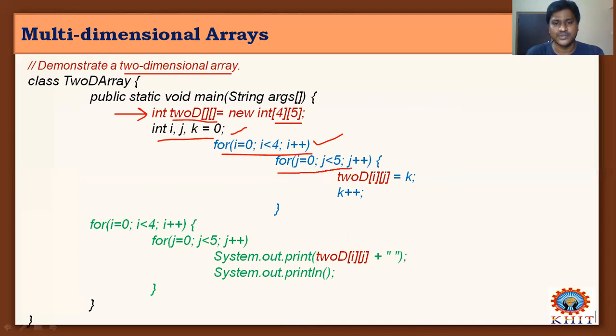In the second for loop, I'm taking the column indexes, 0 to 4. The row index is 0 to 3 and the column index is 0 to 4. And whatever value I read from the keyboard is automatically copied into these locations of the array.